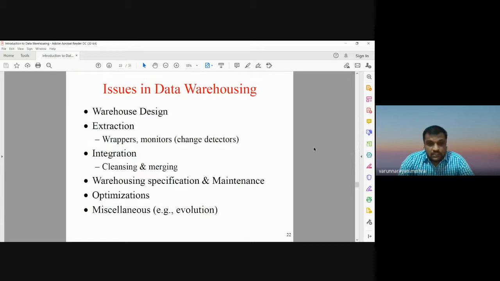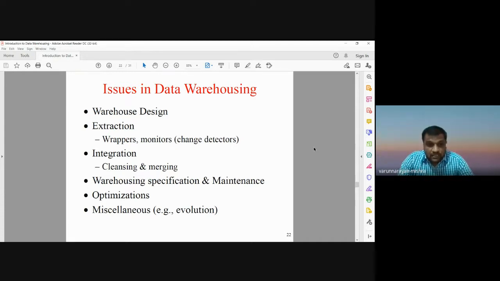The first issue is related to the designing of the warehouse. How are we going to design an effective, useful data warehouse? Extraction is very important: how to extract the information from various sources, how to monitor the changes, and how to integrate different data sources.